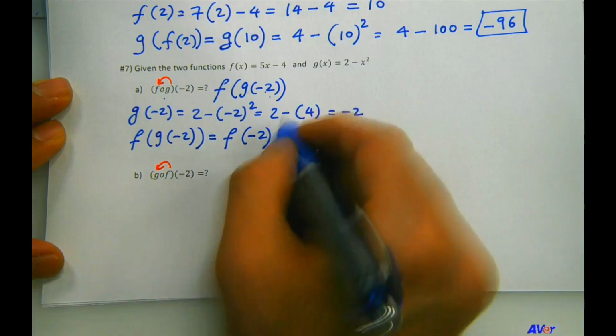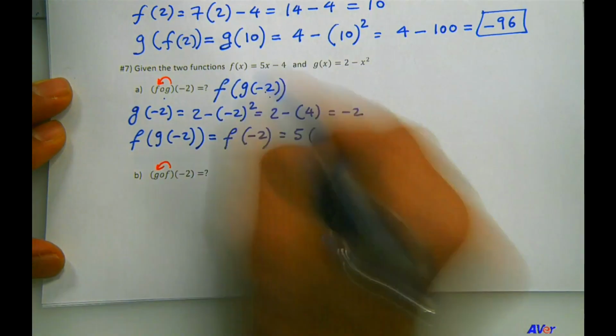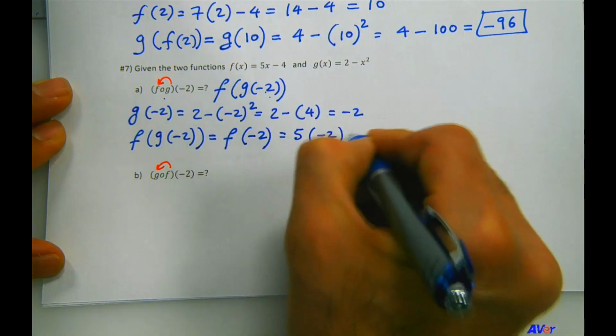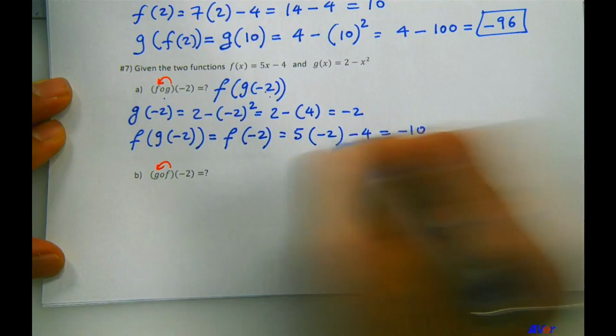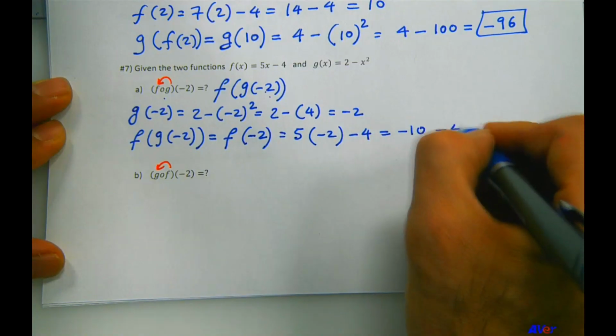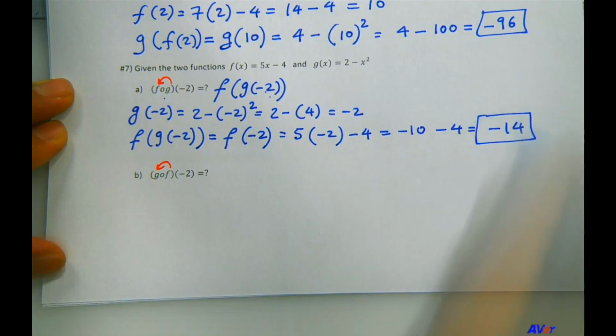Okay, so let's substitute that. 5 times -2 minus 4, that's -10 minus 4, and we have -14 as the final result.